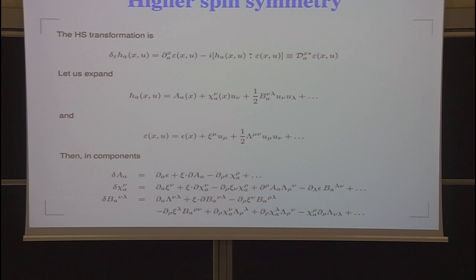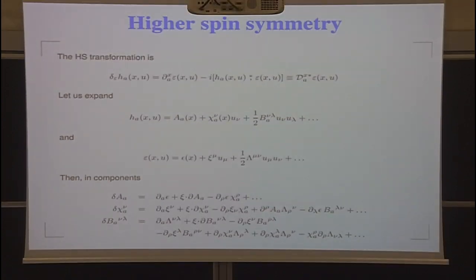Let me show you why. Okay, the higher spin gauge transformation, I have shown it several times. If we expand in terms of u, since later on I have to mention the physical momenta, external momenta, I will change the symbol of p into u. u is the momentum to which we quantize x.